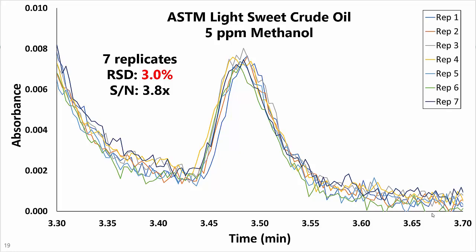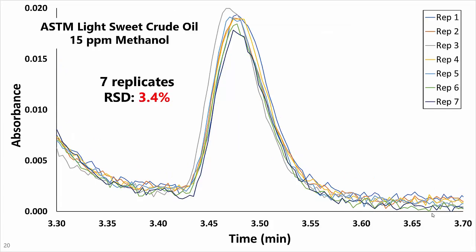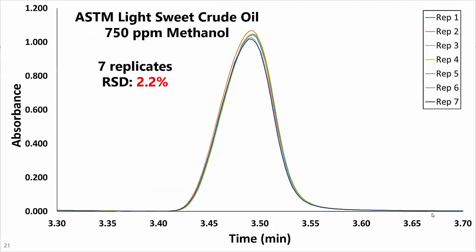But again, 7 replicates at 3% is pretty good for headspace analysis. Moving on to ASTM's lower limit of 15 ppm, we see an RSD percent of 3.4% for 7 replicates. And then for a higher concentration at 750 ppm, for 7 replicates, we're getting RSD percents around 2.2%.